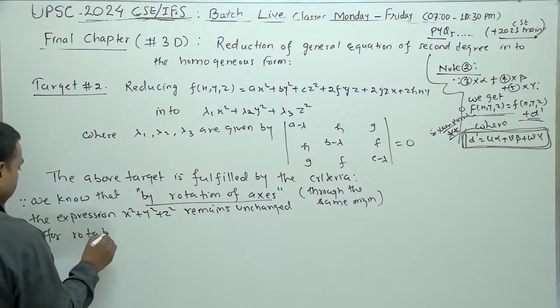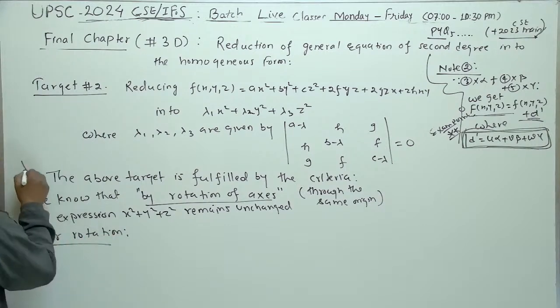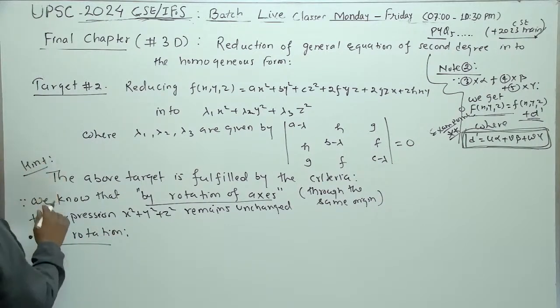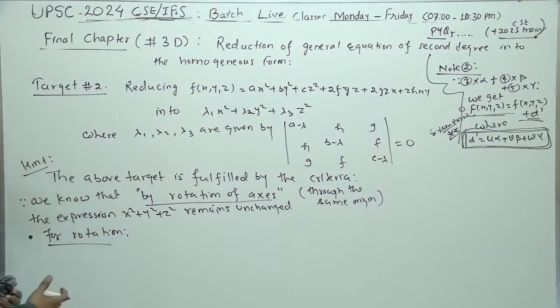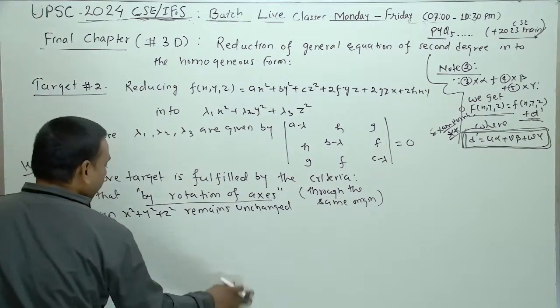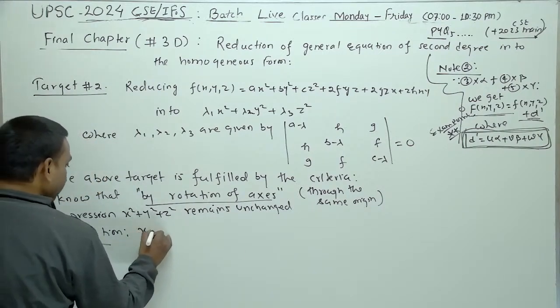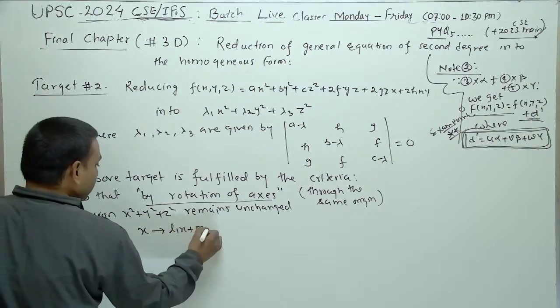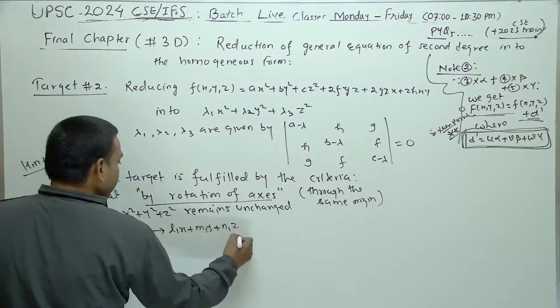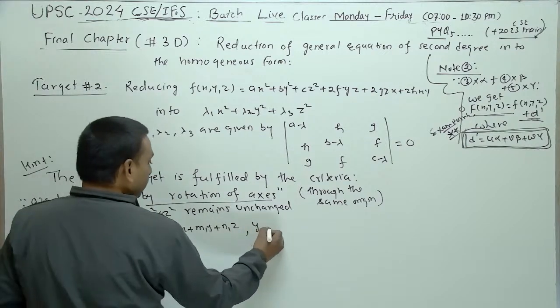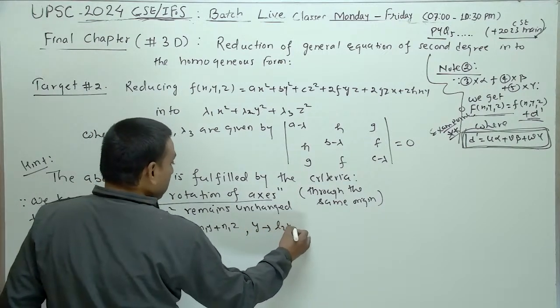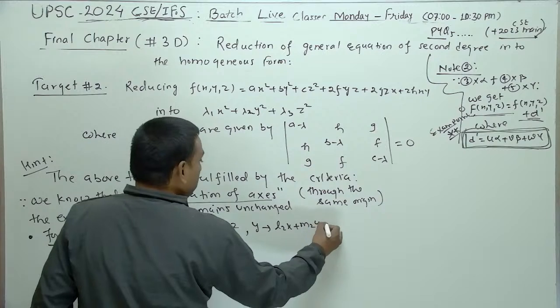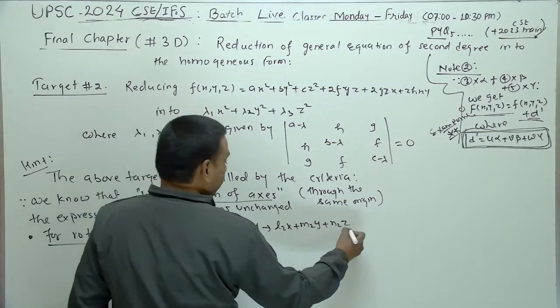what we do here? I will just give a hint here, because the proof is not required for you, still just to make you feel that things are not that abstract. So what do we do? We replace x by L1x plus M1y plus N1z. Okay? We replace y by L2x plus M2y plus N2z.